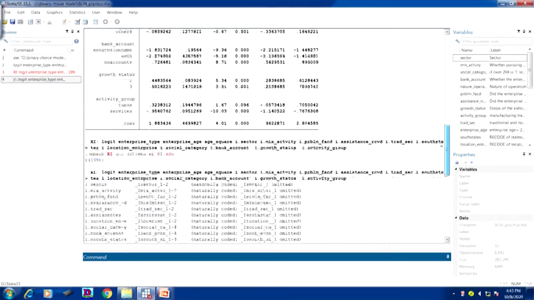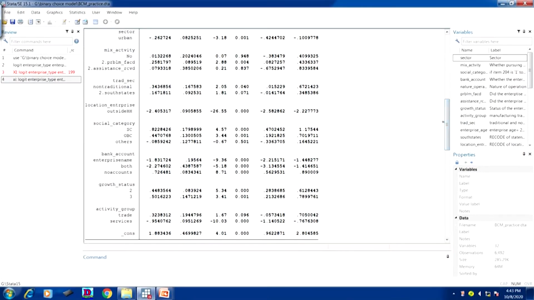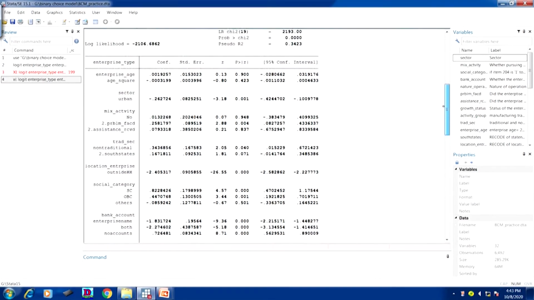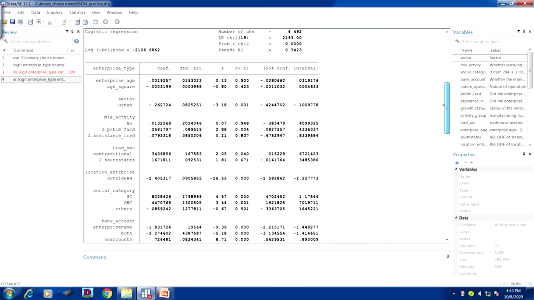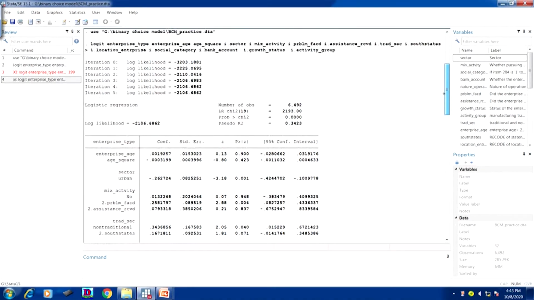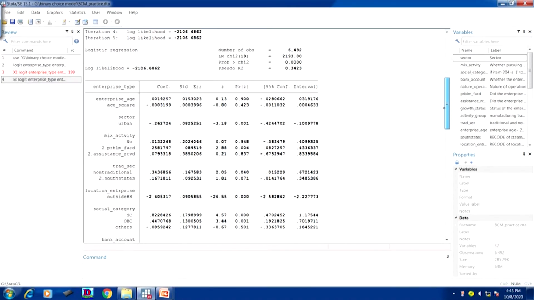just see, look at this, it is the reference category, the value is also mentioned or not. Let me see only. So, even the i dot command we have taken. Now, against in the sector, rural and urban, so urban value is presented.